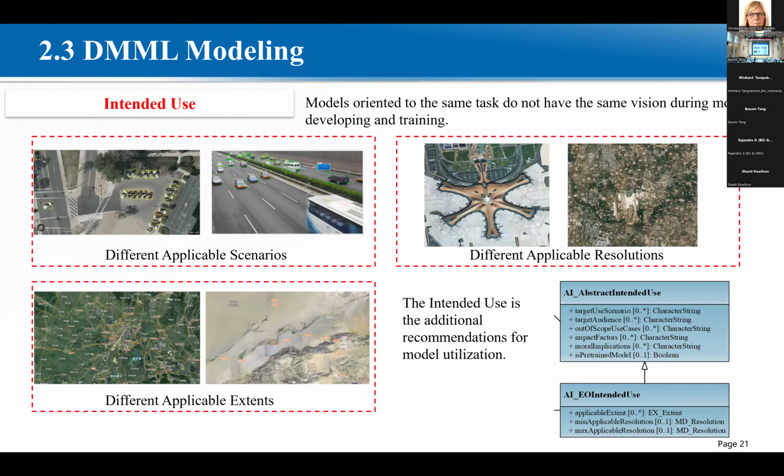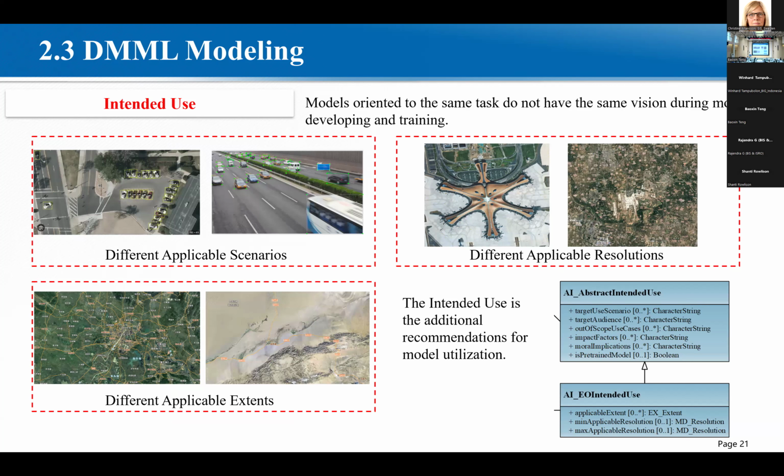For intended uses, it was designed to be the detailed specification of the model, so that people can know from it the specific applicable tasks. For example, the applicable scenarios, such as an object detection model that can be used on remote sensing imagery or CCTV imagery.